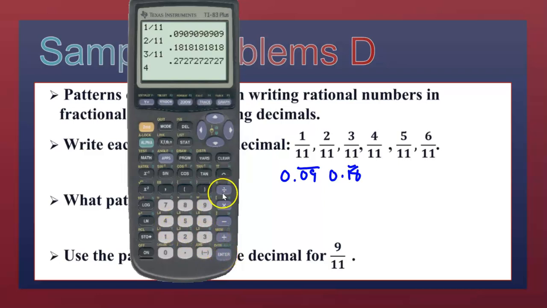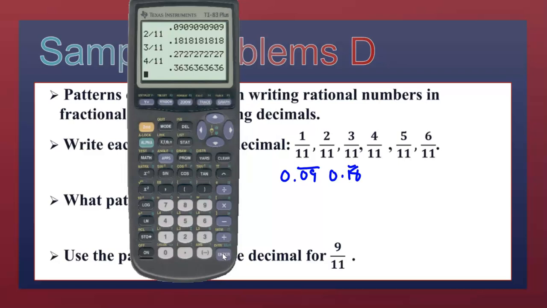If I did 4 divided by 11, you get 0.363636. So you should start seeing a pattern. And the pattern is, if I take 1 times, it's actually, they're counted by 9s.